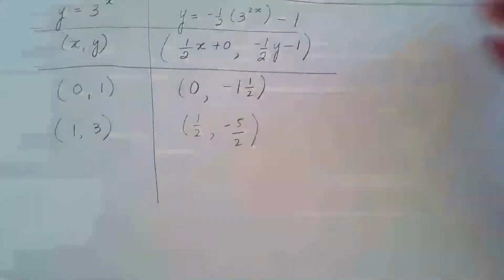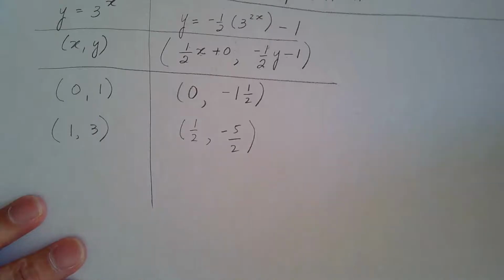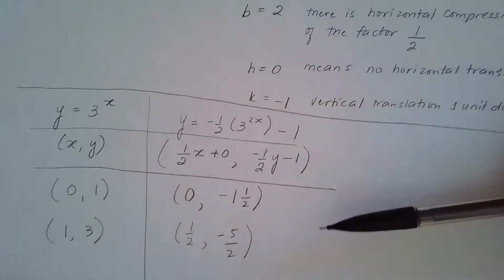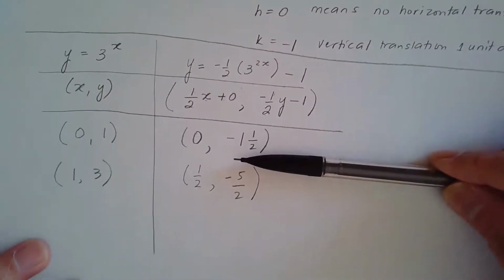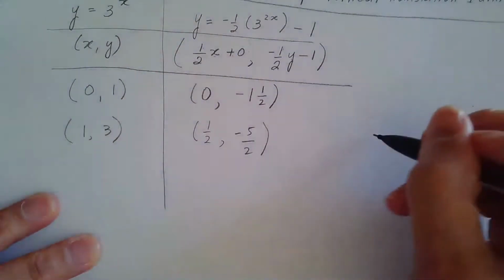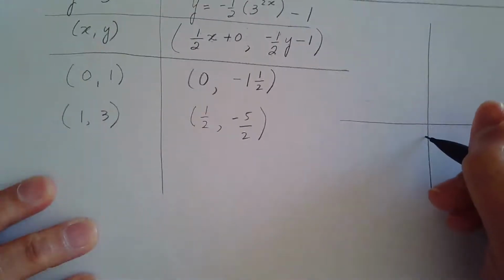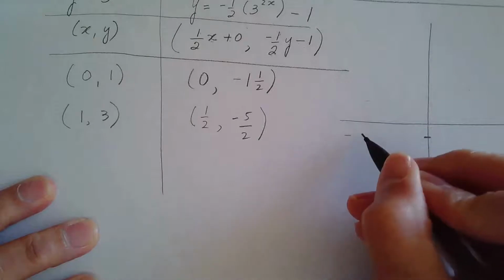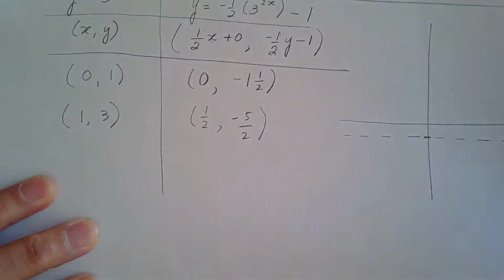Okay, so what does that graph look like? Because the graph is translated 1 unit down, our horizontal asymptote at 0 initially will go down 1 unit as well. So this is what the graph would look like, translated 1 unit down. And let's see the points.